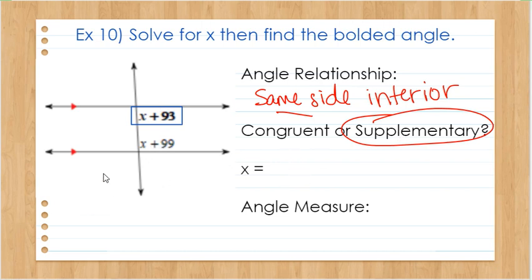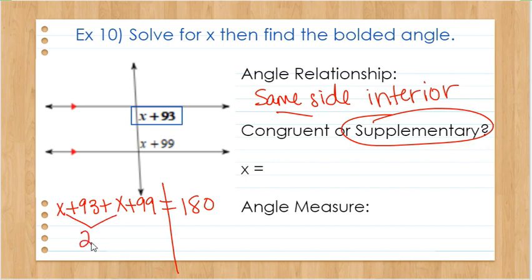So we're going to set up our equation as x plus 93, this angle, plus this angle, x plus 99, together equal 180 degrees. Combine like terms. x plus x is 2x, and 93 plus 99 is 192. So 2x plus 192 equals 180.